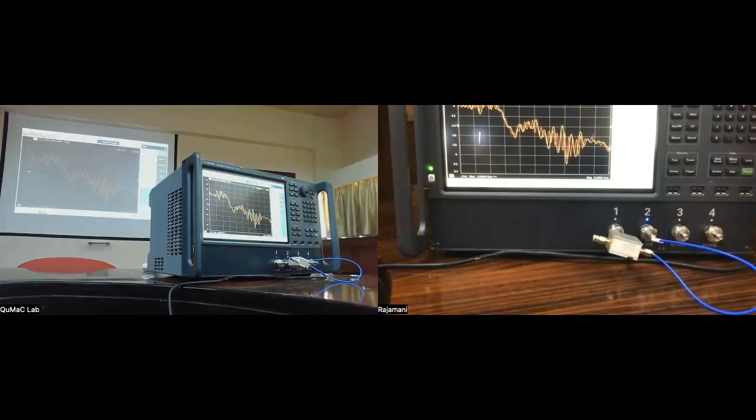So the instrument is still measuring the same quantity, but I have flipped the connections so that it now effectively is measuring the transmission in the opposite direction. And again, you see there is some slight difference over here.